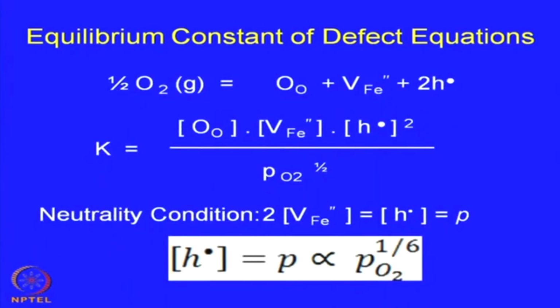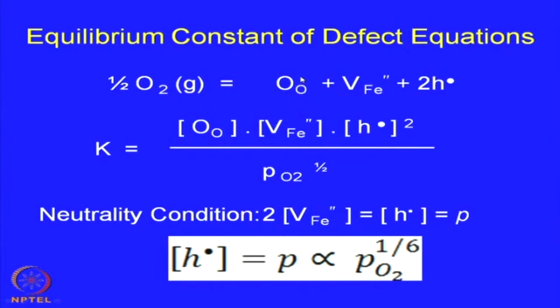This is another. Together with that we would like to find out what is the concentration, what is the partial pressure dependence of this concentration, and for that we consider an equilibrium constant for this defect equation. Whatever defect equation we have written, the same equation is written here, and you can define an equilibrium constant at a particular temperature, which is temperature dependent of course. So, the square brackets are actually concentration.